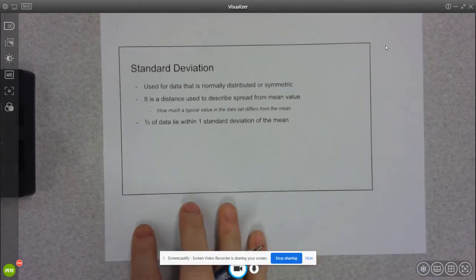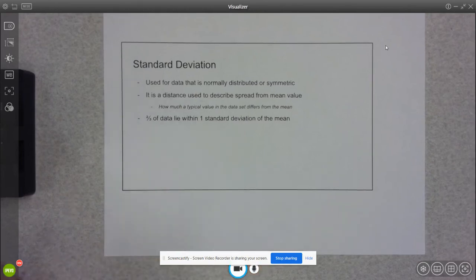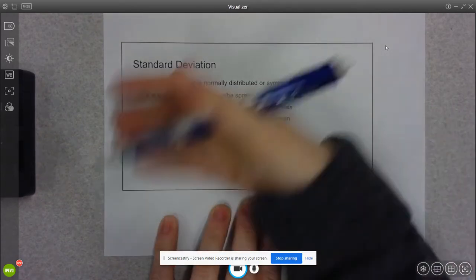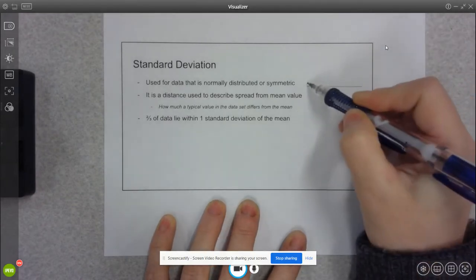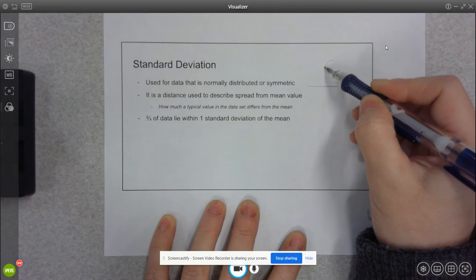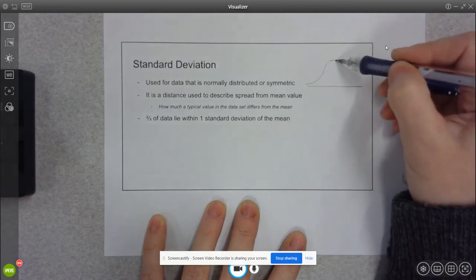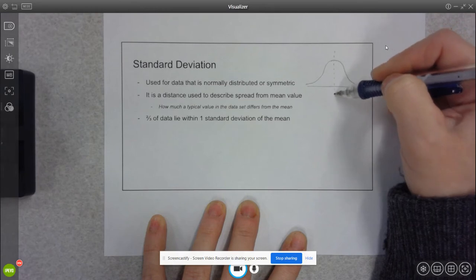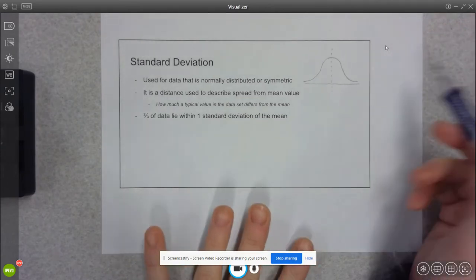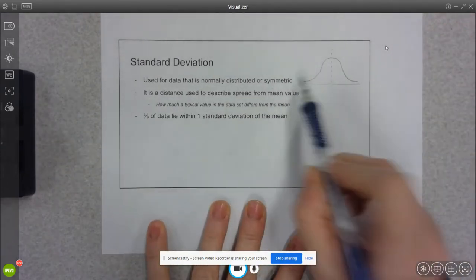Standard deviation, however, is only really used for a set of data that is normally distributed. And if you think back to yesterday, normally distributed data follows that bell curve shape where there's a very clear peak in the middle, and we are symmetric on both sides.